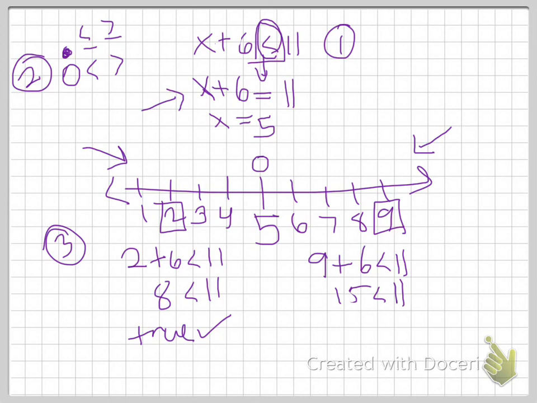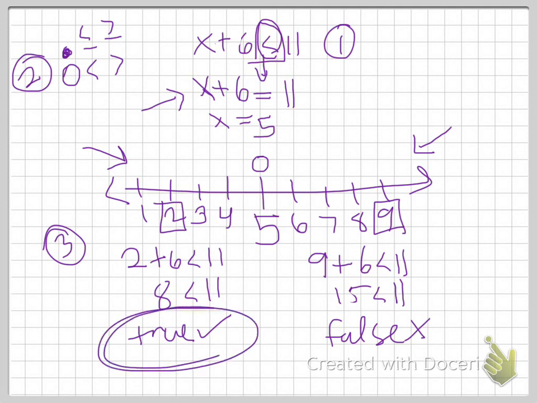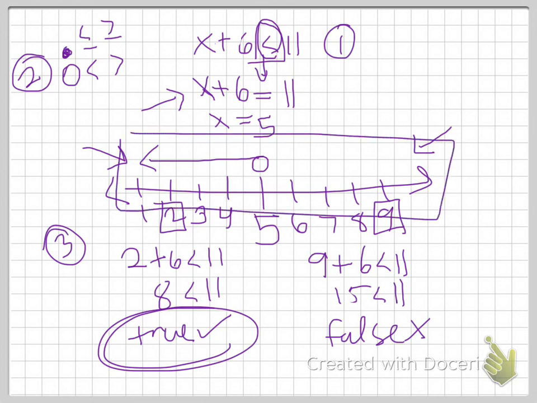So this one is a false statement, and we do not want to use numbers in that direction. So we always want to shade in the direction of our true, which in this case is to the left. So this number line right here represents the solutions to our inequalities.